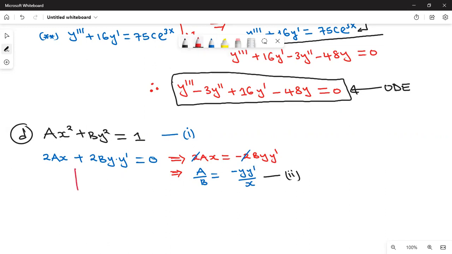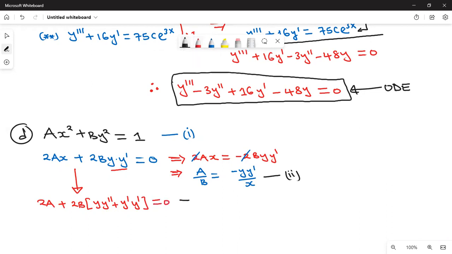Again, let's differentiate this further. We need the second derivative. When you differentiate that, you're going to get 2a. Remember, differentiating with respect to x, 2a plus 2b is a constant. Now, use product rule to differentiate y times y prime, because those are functions of x. So you keep y constant, differentiate y prime, that will give us y double prime, plus now differentiate y, you get y prime, keeping the other y prime constant, is equal to 0 on the right hand side.